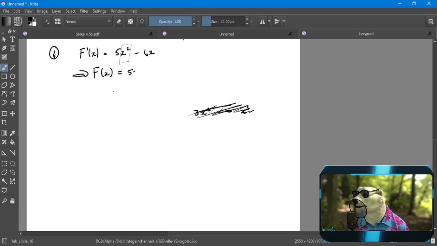So x squared requires that it comes from x cubed, because the power rule is going to decrease that power of x by 1. That's the only way x squared can be obtained as a derivative answer. But if I leave it like this, I'm going to get a 3 times x squared.